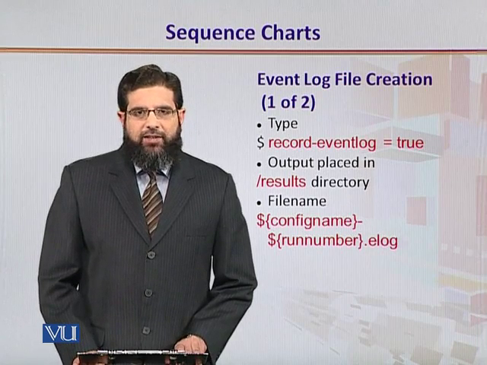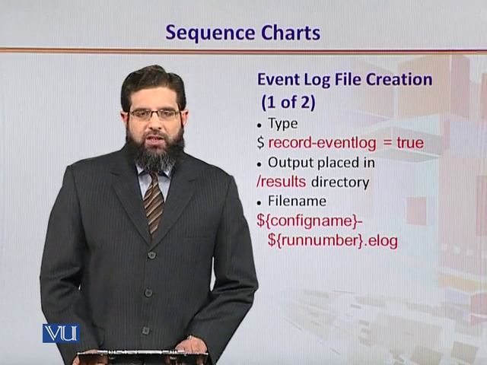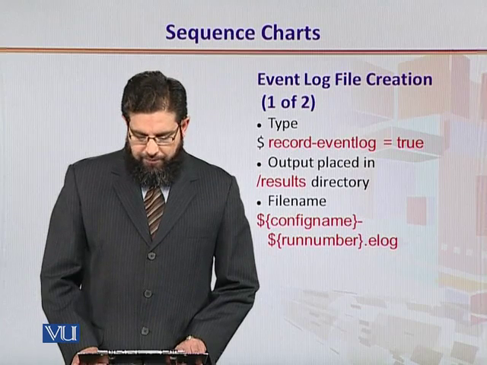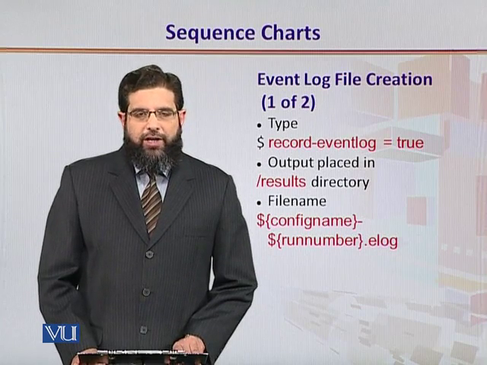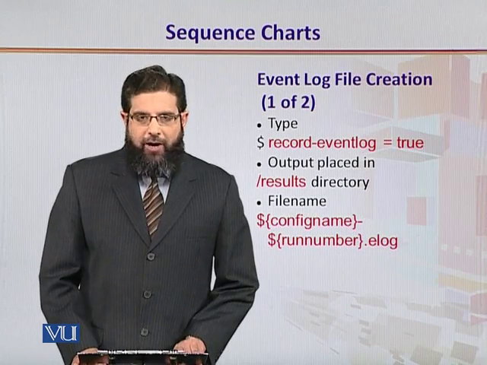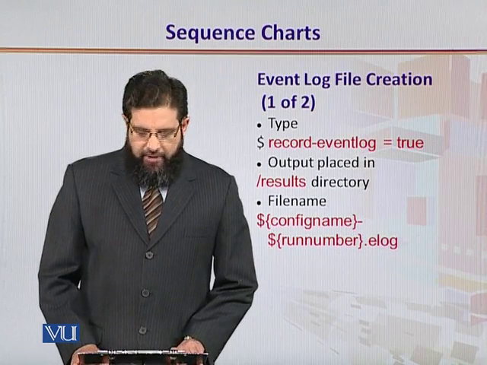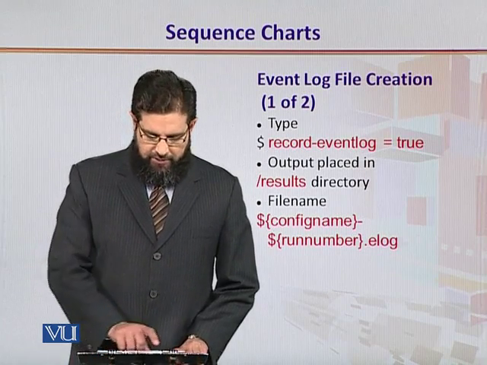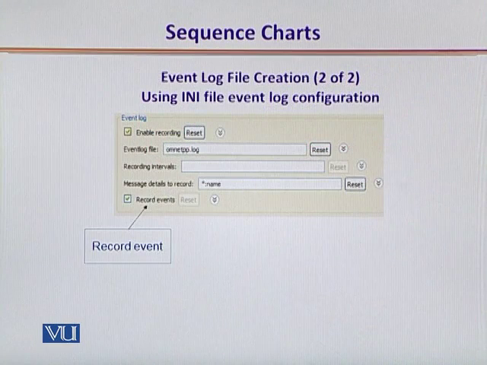When we do that, the events start getting logged and the output is stored in a .log or .elog file in the format which is shown to you in the results directory. Using the graphical interface, it becomes very simple. We simply check the record events option in the initialization file configuration window.